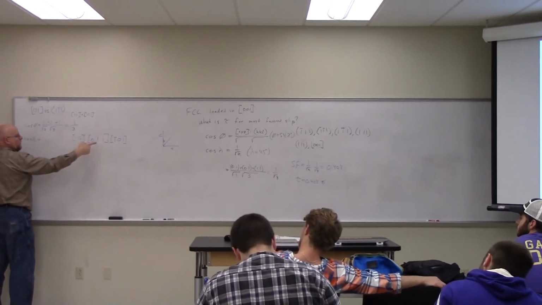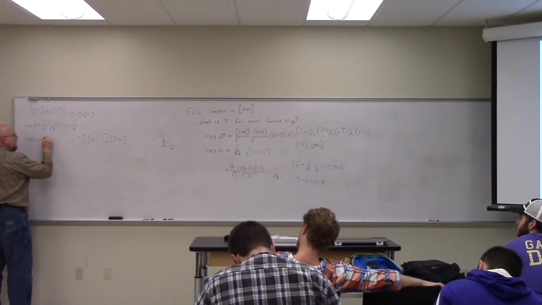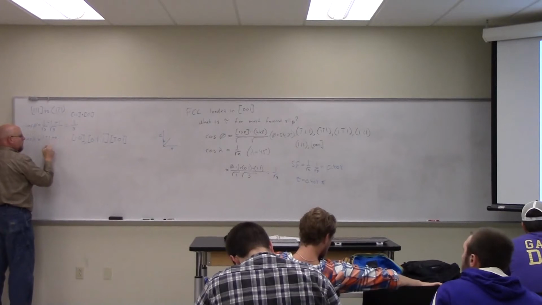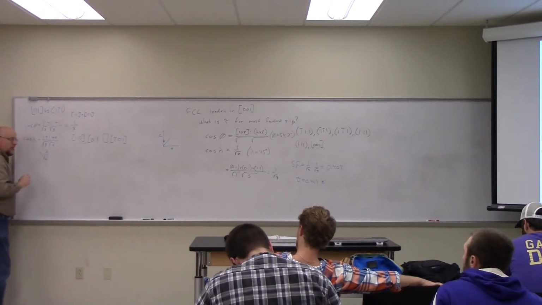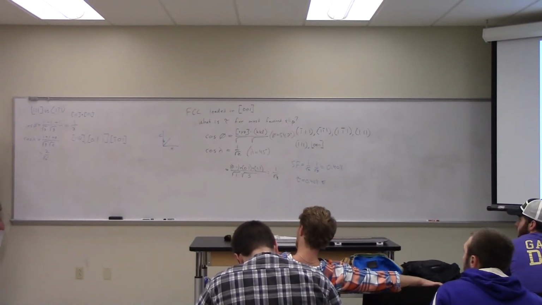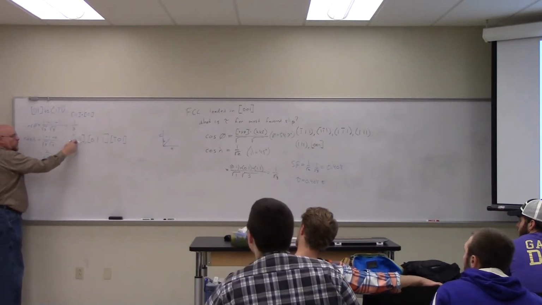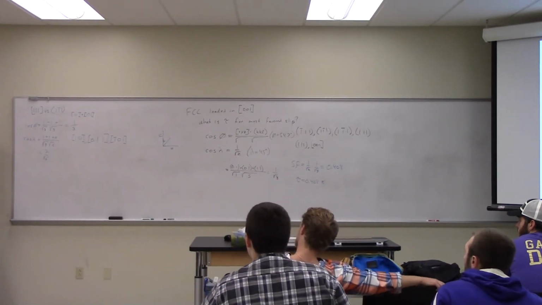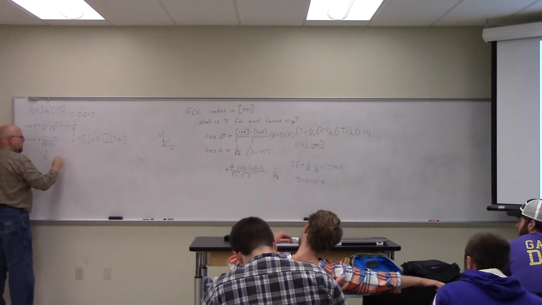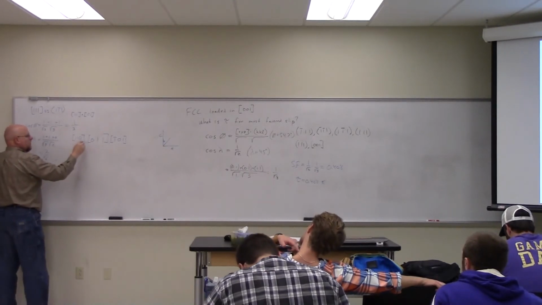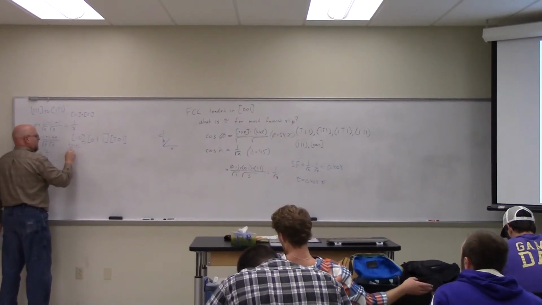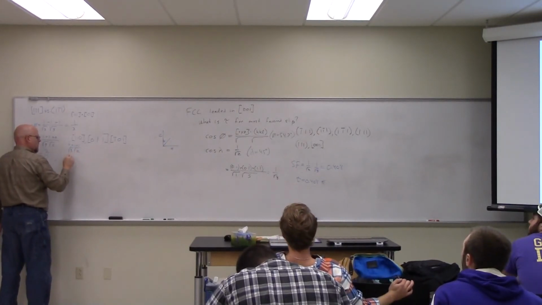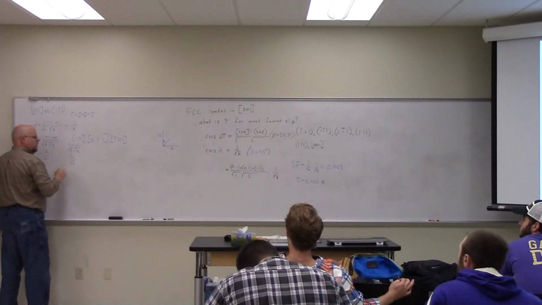If I dot the first one, I get 1 plus 1 plus 0 over the square root of 3 times the square root of 2, which is 2 over the square root of 6. Does everybody see that? That's the dot product of 111 with 110. For the second one, I get 0 plus 1 plus 1 divided by the square root of 3 times the square root of 2, so I also get 2 over the square root of 6.